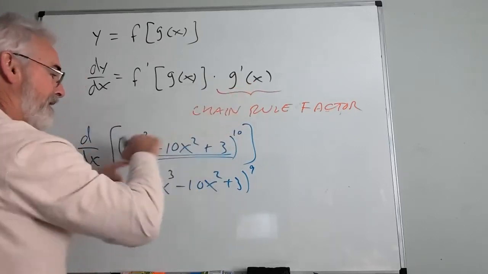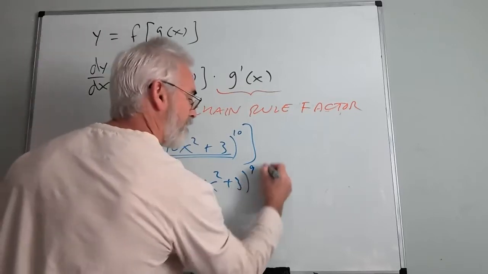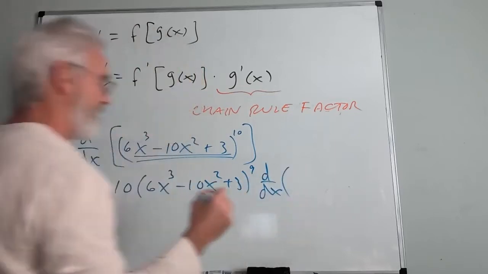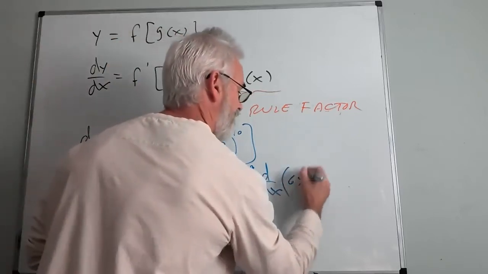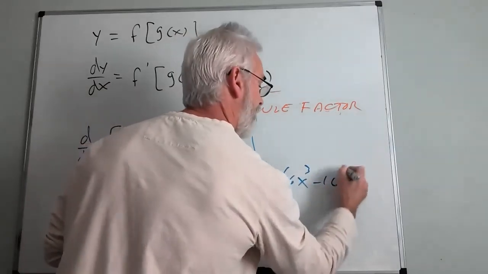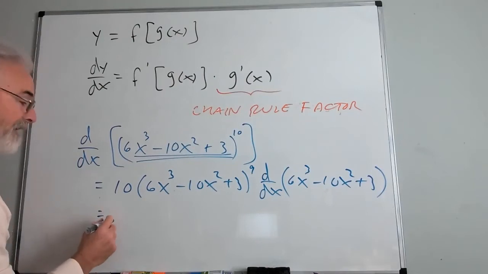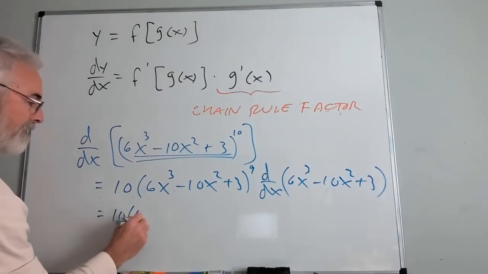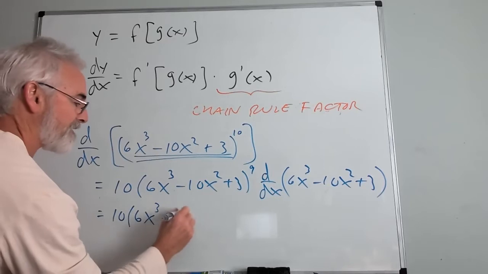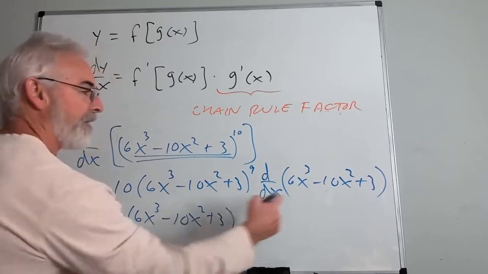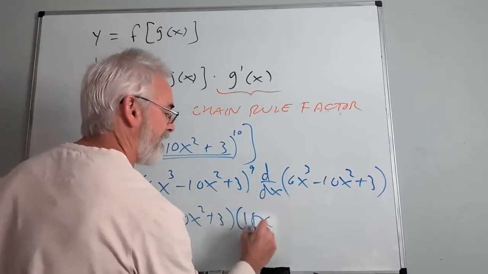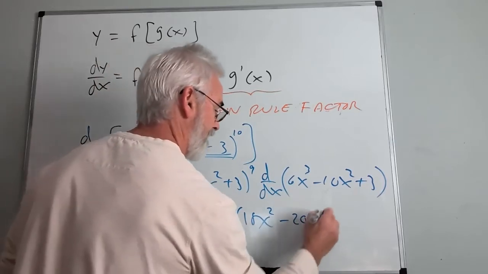That's the g, because that I'm calling the g. So times the derivative of 6x cubed minus 10x squared plus 3. So the best answer I can give is going to look like this: 10 times 6x cubed minus 10x squared plus 3, to the 9th, times 18x squared minus 20x.